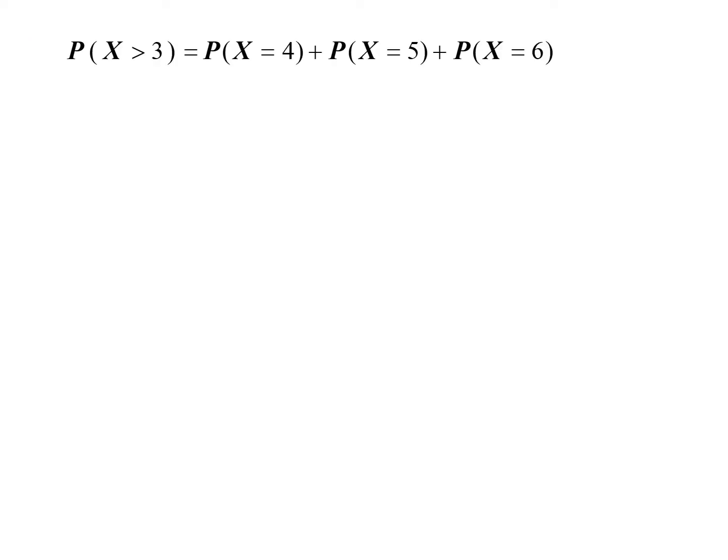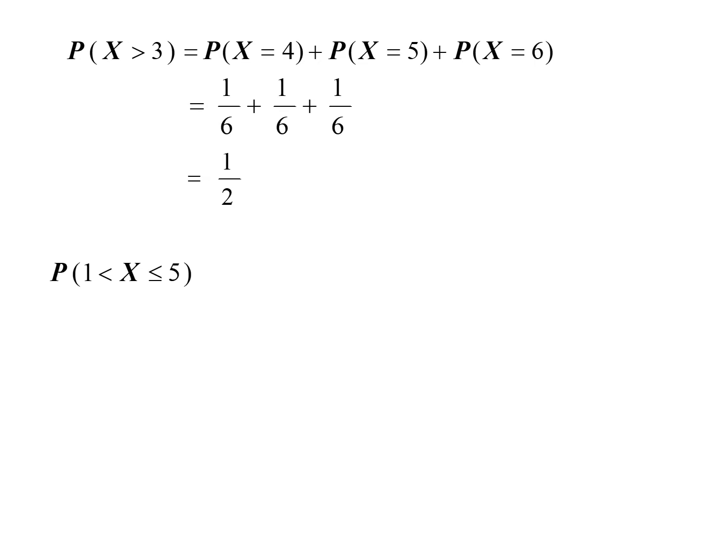For the probability X is greater than 3, it equals probability X equal to 4 plus probability X equal to 5 plus probability X equal to 6. Then for each of them, the probability is 1/6. Plus them together and simplify, we will get the answer 1/2.